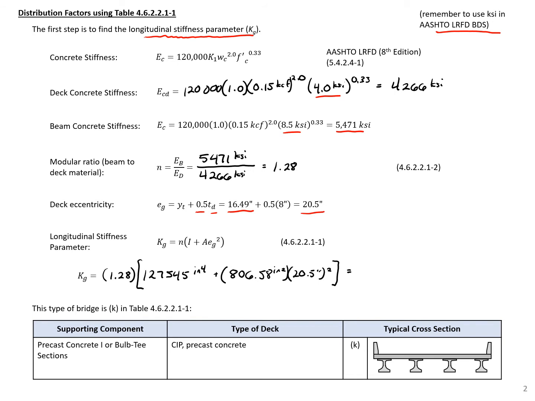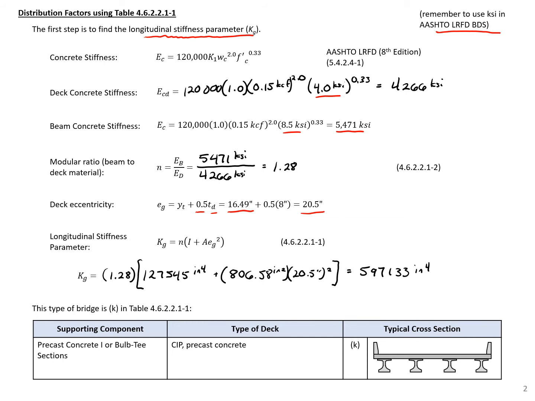And this will give us a K sub G of 597,133 inches to the fourth. So that is our K sub G that we'll use in our distribution factor equations.